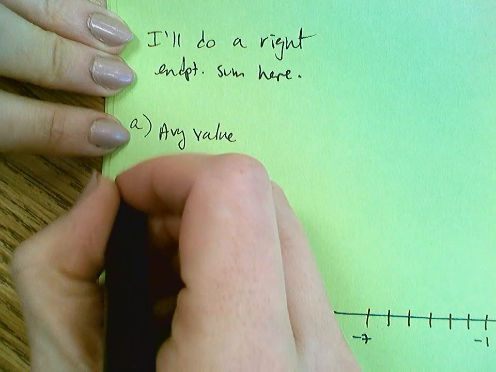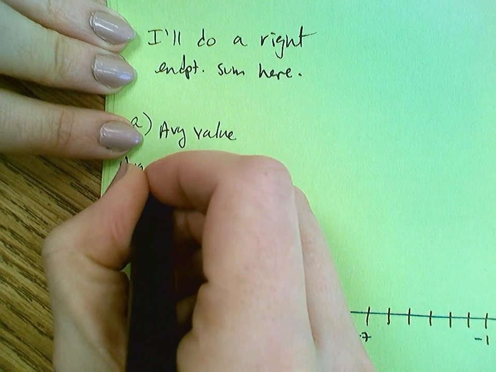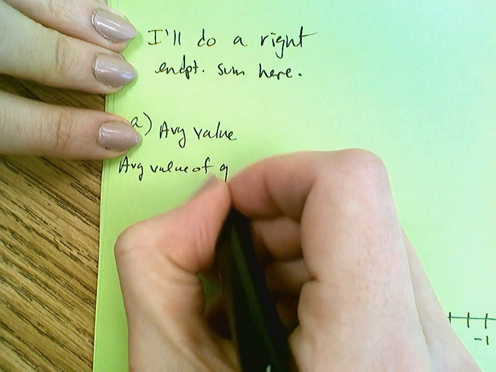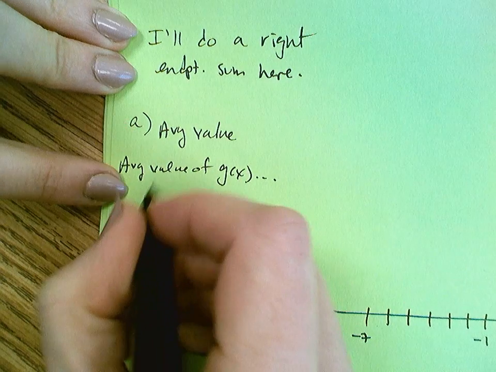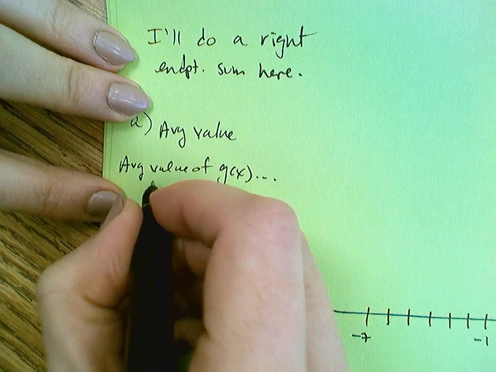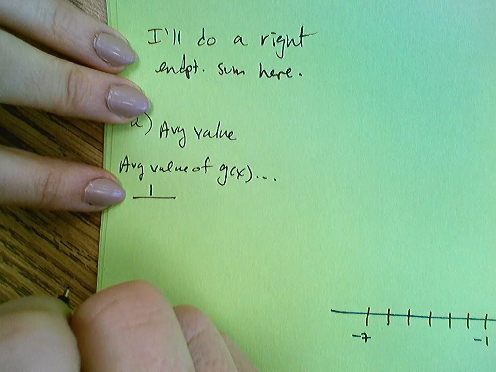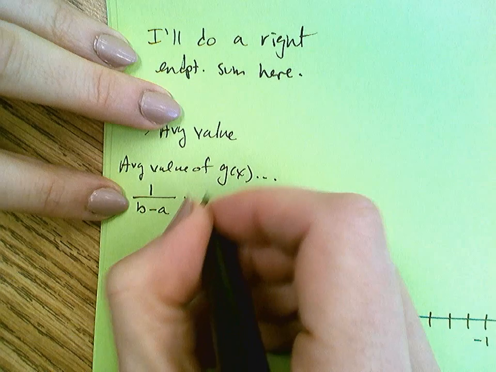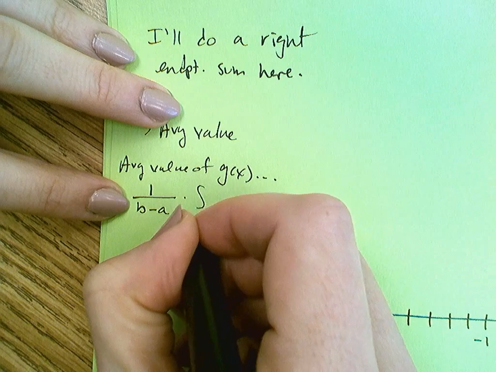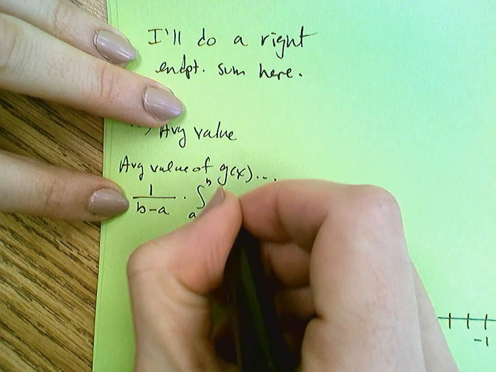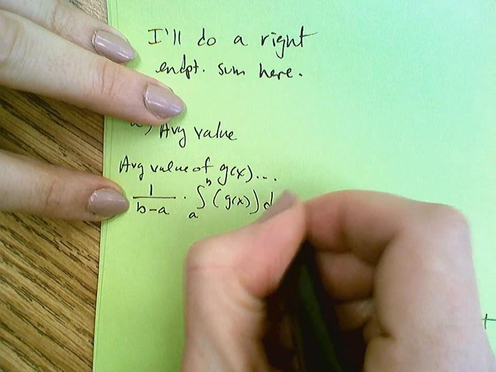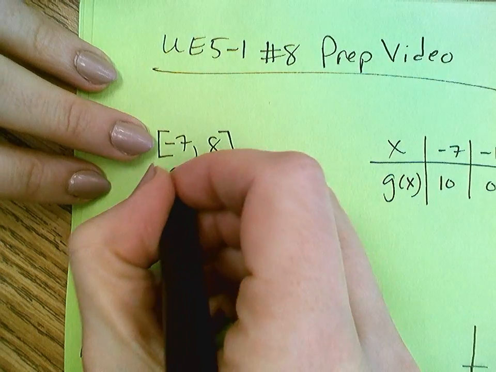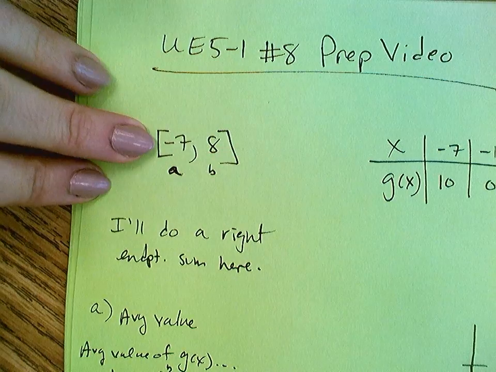The average value of g of x is 1 over b minus a, I'll give the formula first, times the integral from a to b of g of x, and a and b are just the endpoints of the interval.